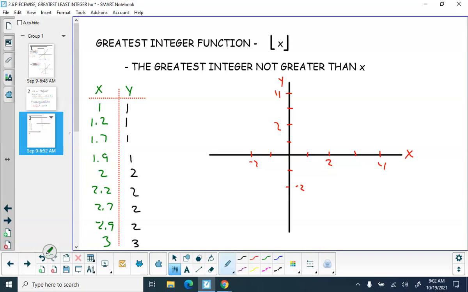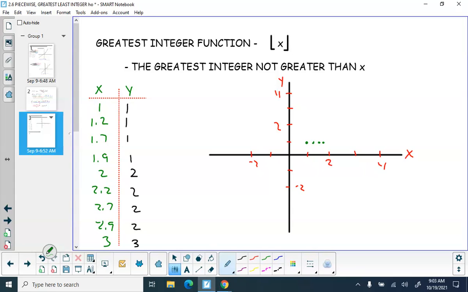If x equals 1, y equals 1. X equals 1.2, y equals 1. 1.7, y equals 1. 1.9, y equals 1. Okay, so what would we still be at? 1. But when I hit 2, I have to hop up.